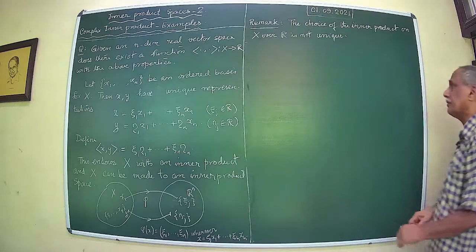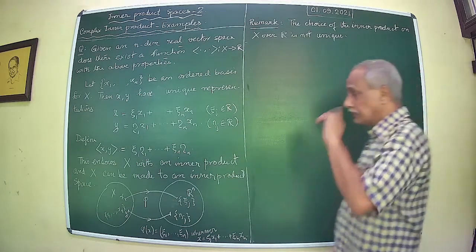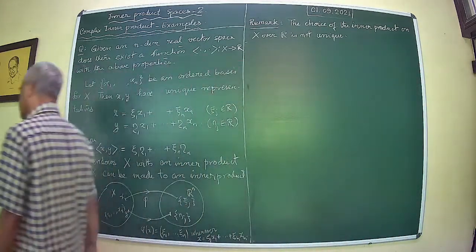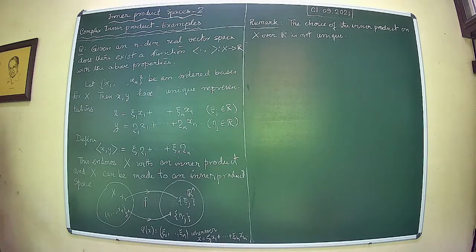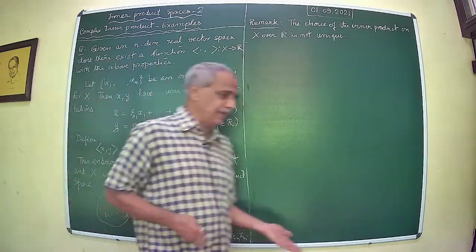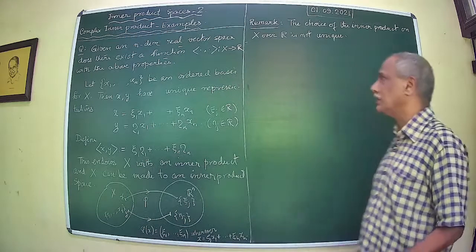That means there are several inner products that you can endow the space with. Each accordingly brings different notions of length, different notions of angle, and so on.